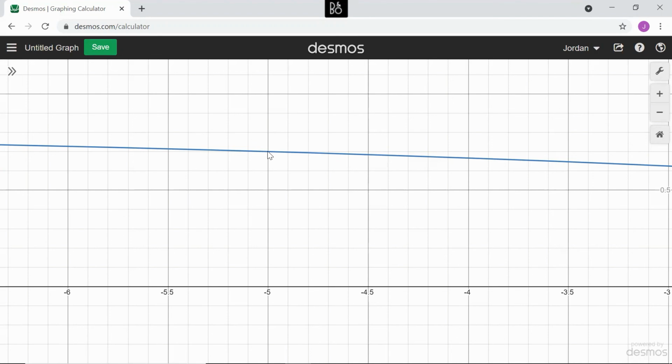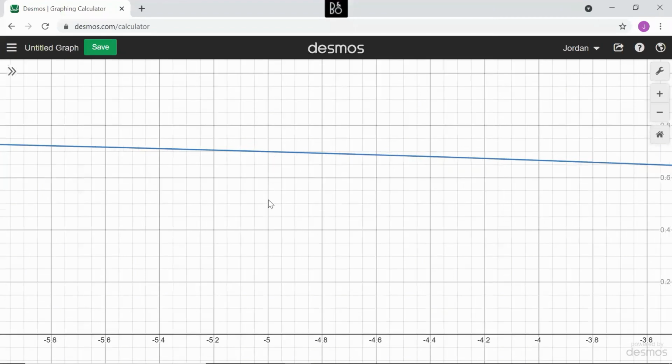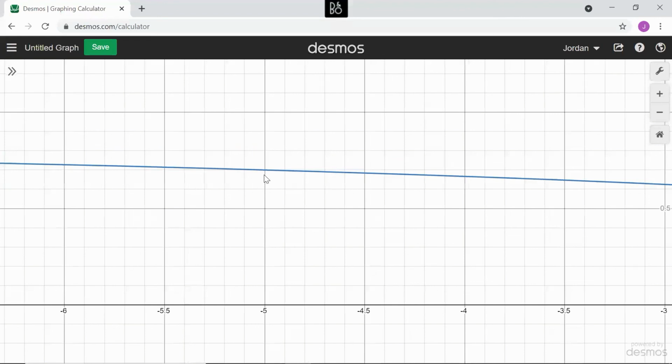Each of these little grid marks is 0.1, a 1/10 of a unit. So there you go, 0.7 right there. As the graph goes this way, the point is traveling towards the point -5, 0.7.